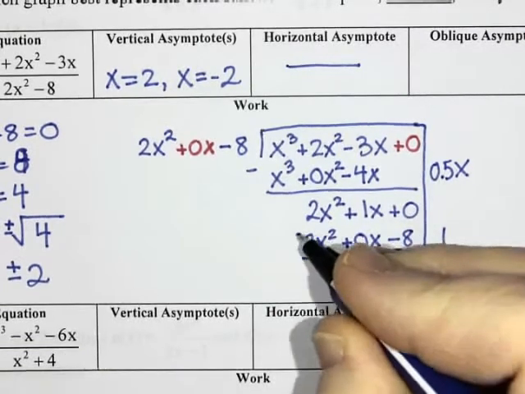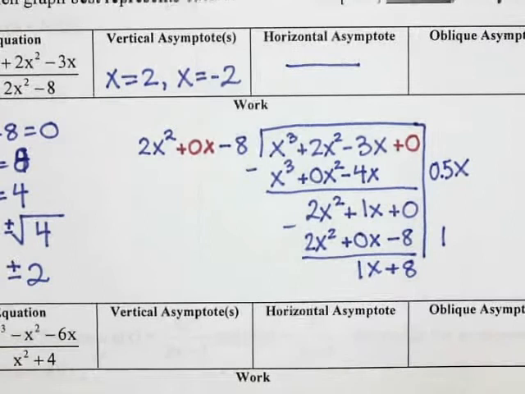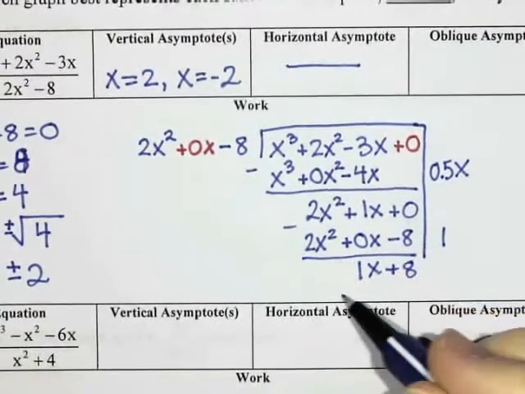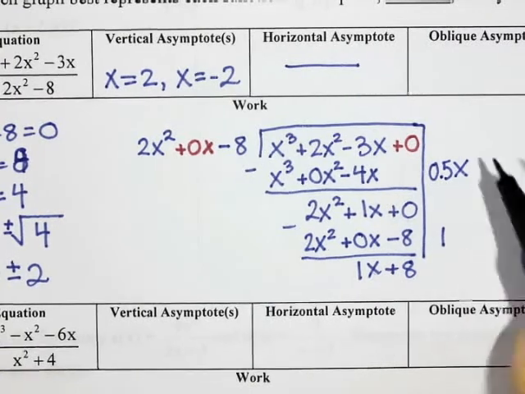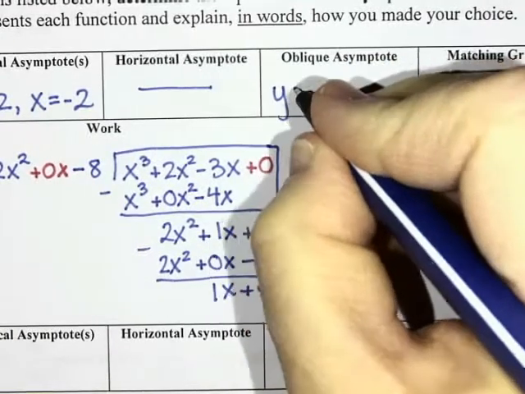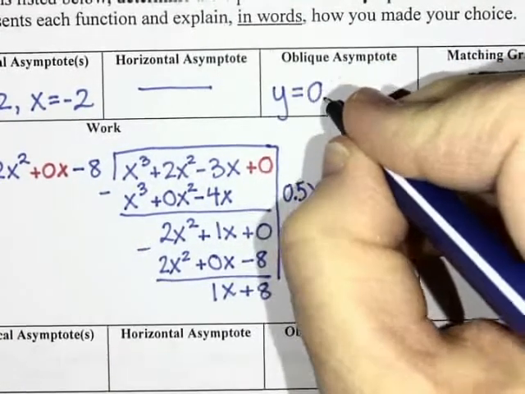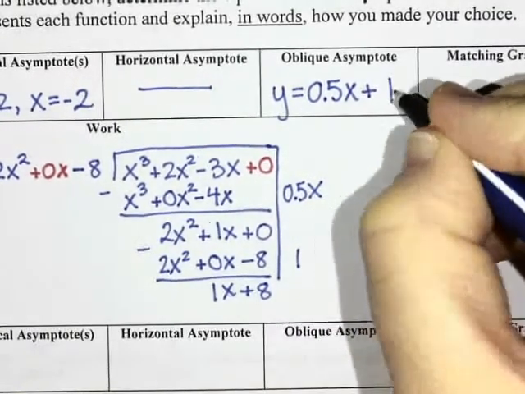And 0 take away negative 8 is positive 8. So our asymptote is not 1x plus 8. It's the 0.5x plus 1. So my oblique asymptote is y equals 0.5, or if you want to be fancier, 1/2 would look nice, x plus 1.